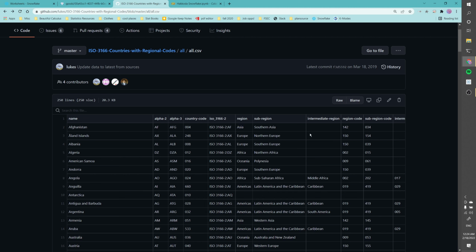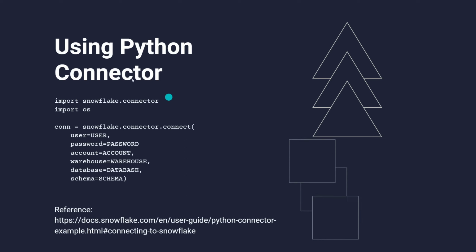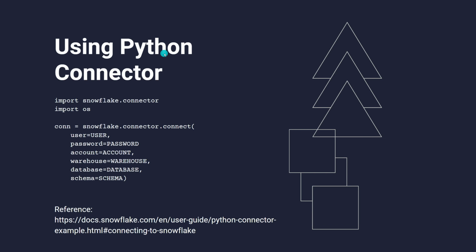Let's go back. Alright. And then after that, we'll be staging and importing data into Snowflake from Python. In order to do that, we will be using a Python connector. We need to install the Snowflake connector, and then this is what we need to fill out in order to actually connect to Snowflake with Python.